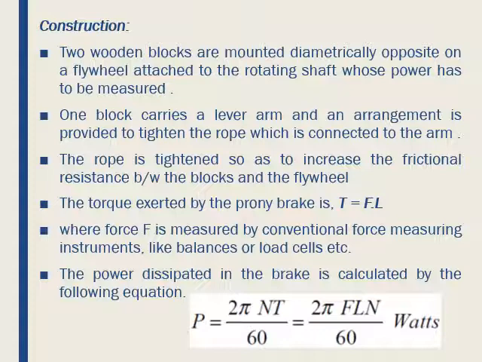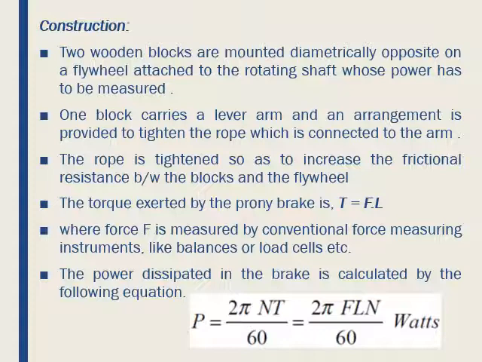The rope is tightened so as to increase the frictional resistance between the blocks and the flywheel, so that the torque exerted by the Prony brake is given by T equals F into L, where the force F is measured by conventional force measuring instruments like balances or load cells, and the power dissipated in the brake is calculated using the following equation.